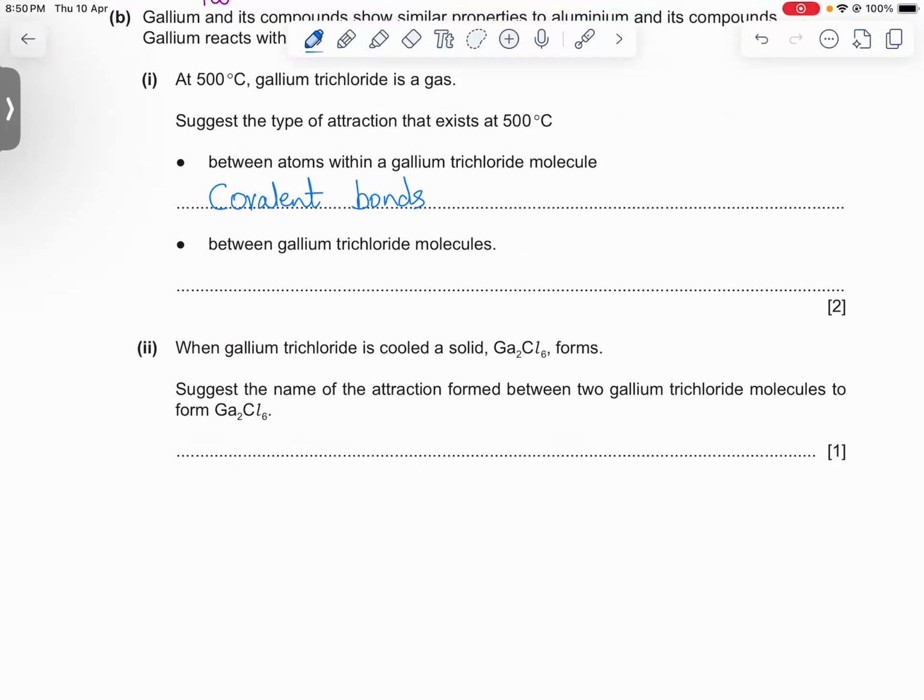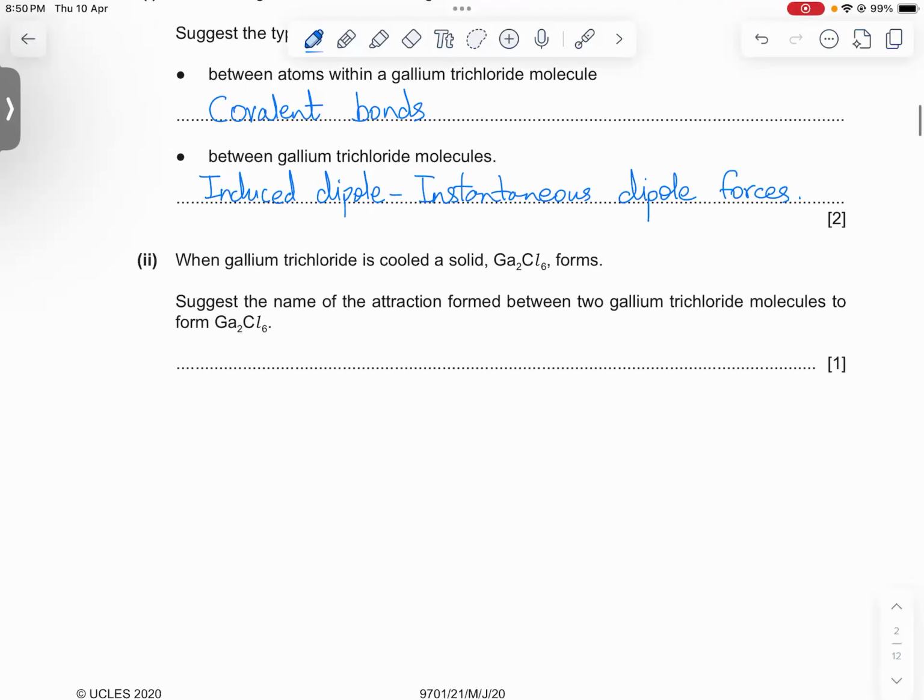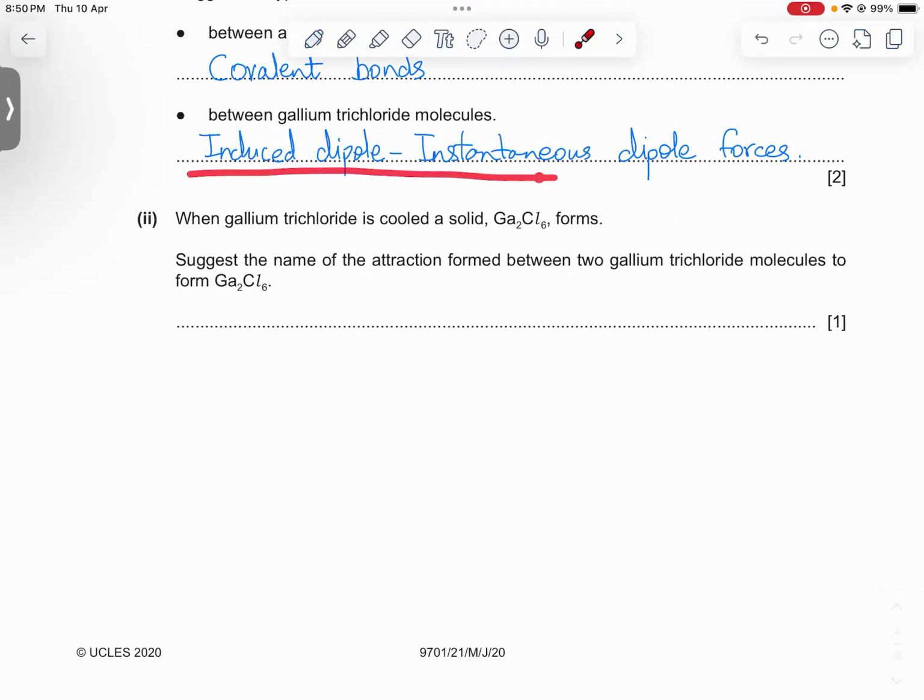So we are going to say that it is induced dipole, instantaneous dipole, dipole forces. These are the forces that are working. These are also called London dispersion forces.